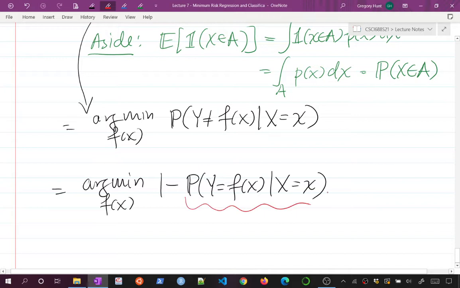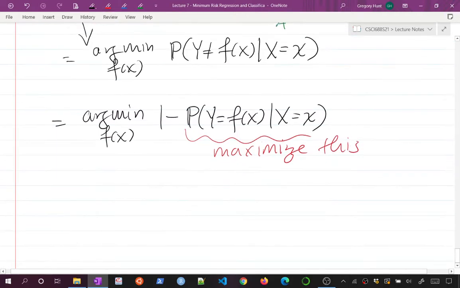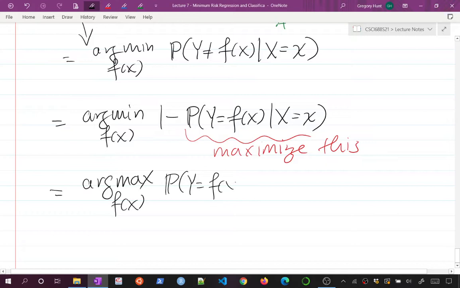And so I want to minimize this whole thing, so I want to maximize this, right? And alternatively, if I want to maximize this, this is the same thing as the argmax, picking f of x that maximizes this probability. And this, we said, was our optimal f.